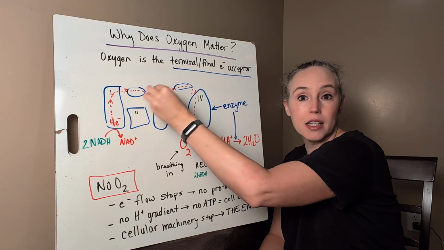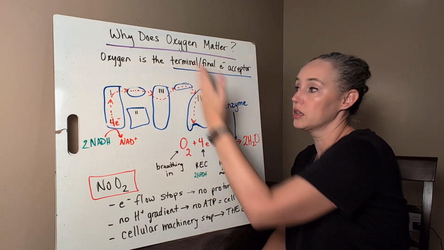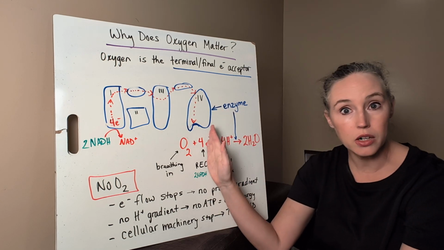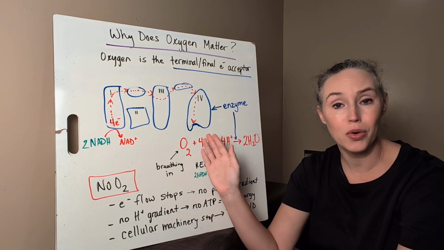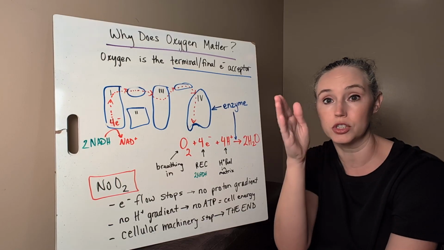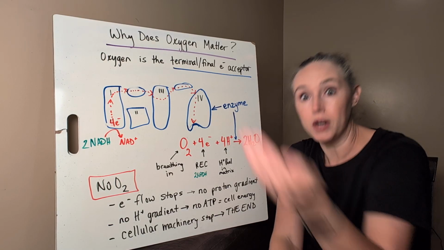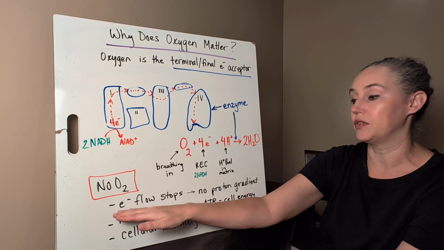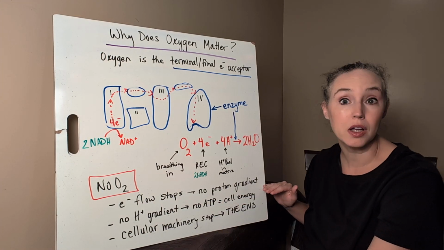Then you start to get electron backup. So there's no continued flow. And if there's no electron flow, right? Electron flow, the whole point of that is that energy, as those energy shifts change, pumps the protons into the inner membrane space. So if electron flow stops, we have no proton gradient.